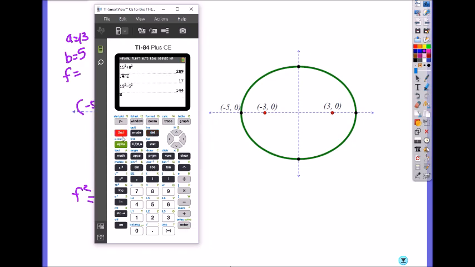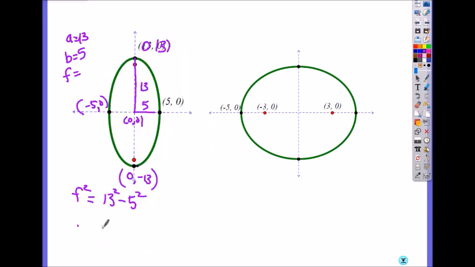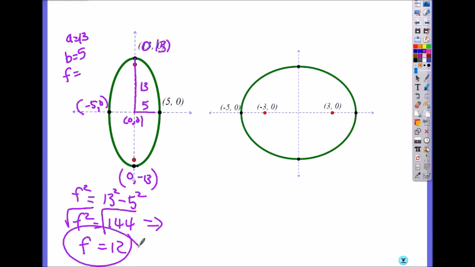When you square root it, what do you get? 12. So F squared equals 144, and when you square root it, F equals 12. So what are the other points? One of the foci must be 0, comma 12. And here you have 0, comma negative 12.